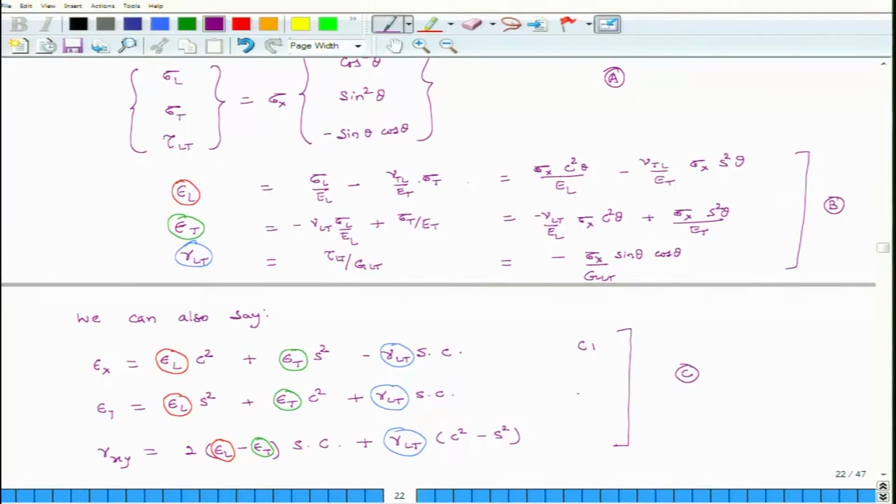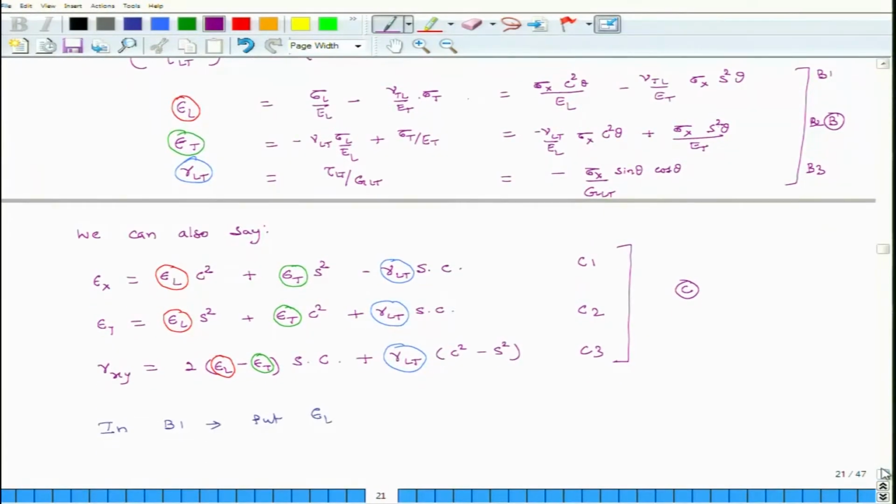So, this is equation C1, C2 and C3, and this is equation B1, B2 and B3. So, in equation C1, put epsilon L from B1, epsilon T from B2 and gamma LT from B3.